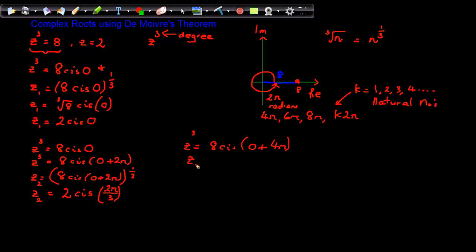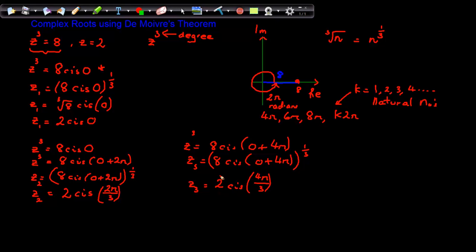So z, let's call that the third solution, would be 8 cis 0 plus 4 pi, all to the power of a third. So z3, 8 to the power of a third, that's 2. 0 plus 4 pi is 4 pi. We're going to multiply that number times that argument using de Moivre's theorem, and that would be 4 pi over 3.